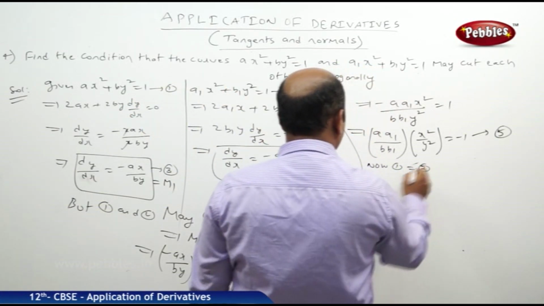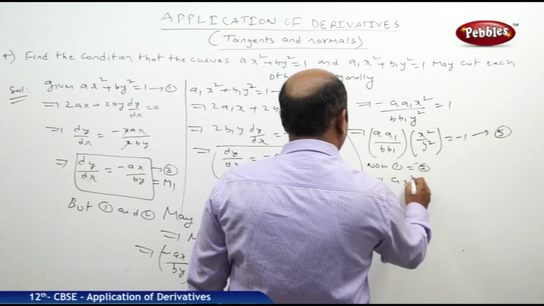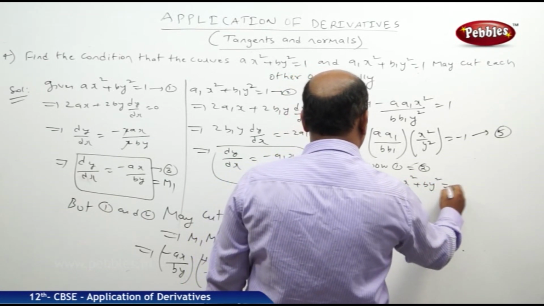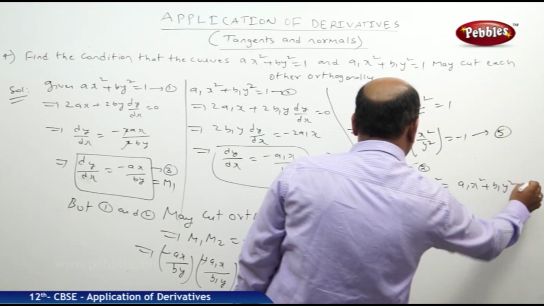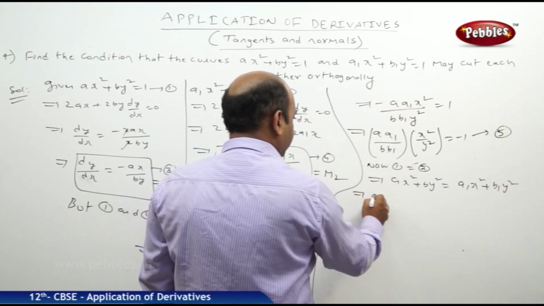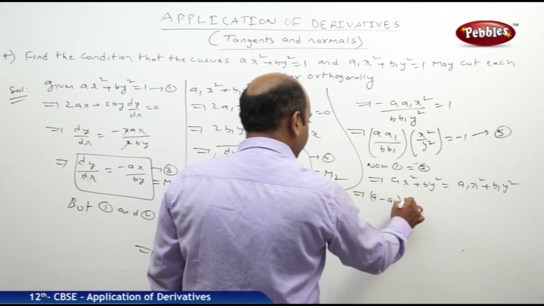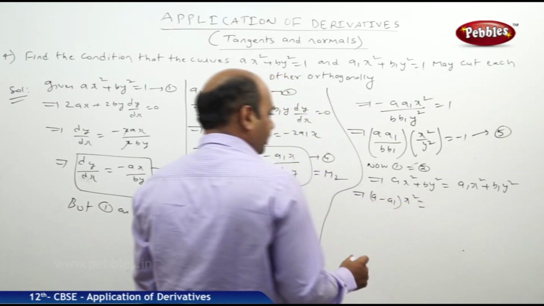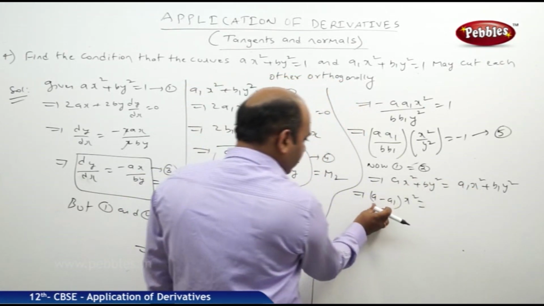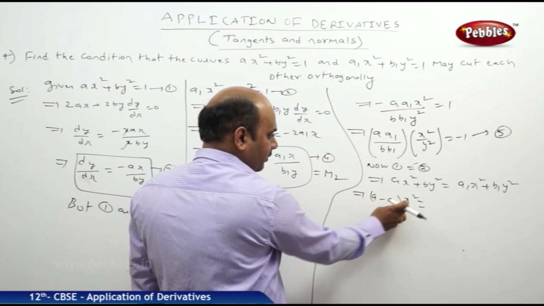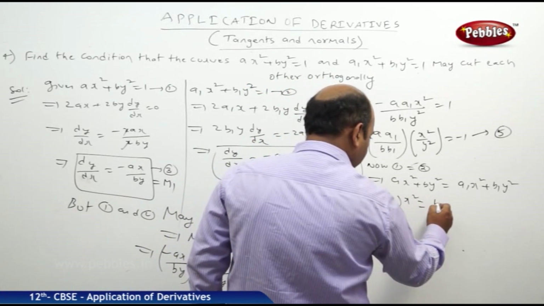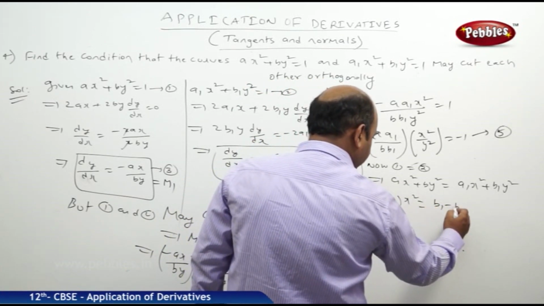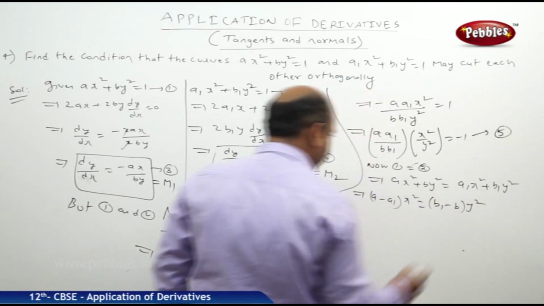So now 1 equal to 2, that implies ax square plus by square is equal to a1x square plus b1y square. So what happens? a minus a1 into x square is equal to, by square going to that side, b1 minus b into y square.